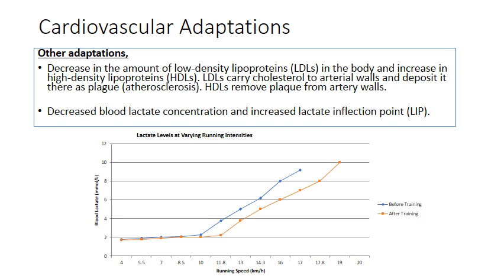This one is performance related. So as a result of aerobic training, you will decrease blood lactate concentration, so less blood lactate in the body, which correlates to less hydrogen ion buildup in the body. And you'll also increase your lactate inflection point.